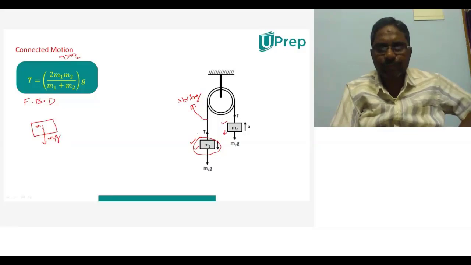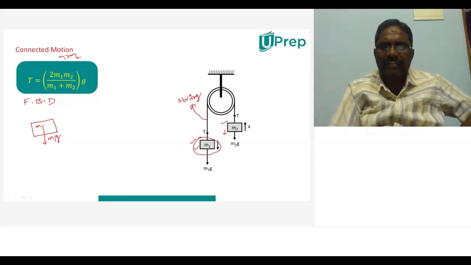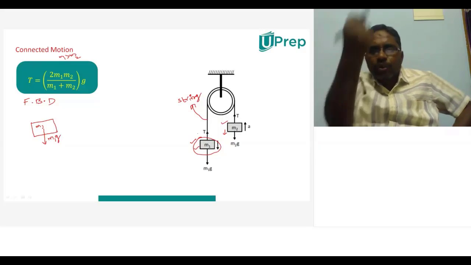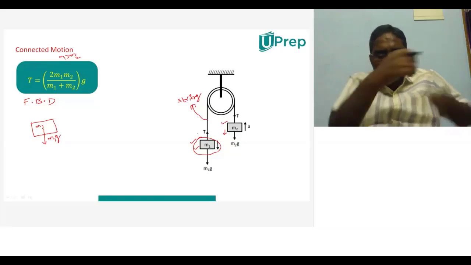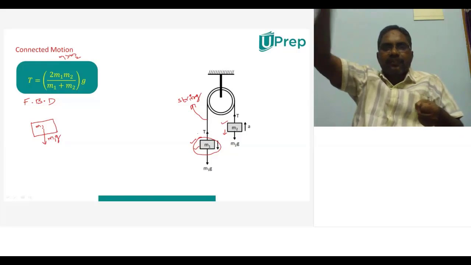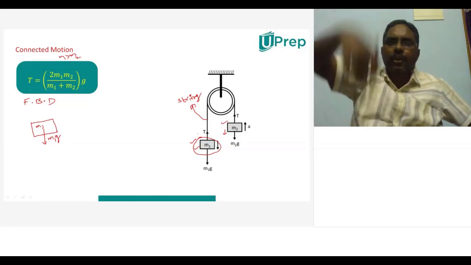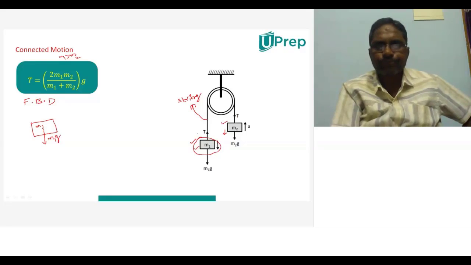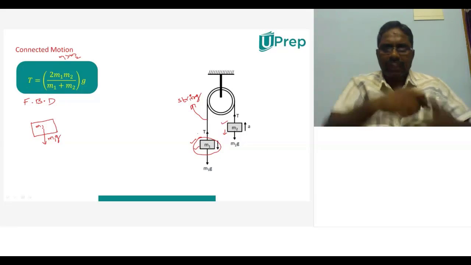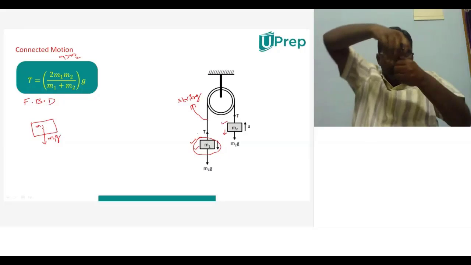So that stiffness force will be called the tensional force actually. Now, as the M2 mass is also dragging this particular M1 mass with some force, the tensional force will act in upward direction or downward direction? Upward direction.